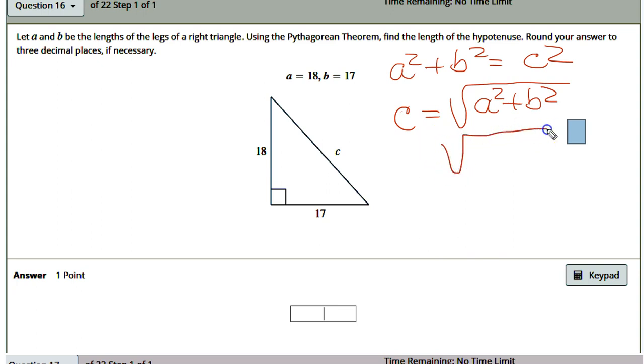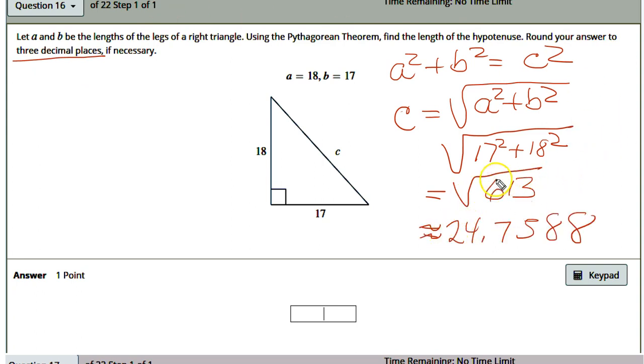So it'll be the square root of 17 squared plus 18 squared. Do this first, then take the square root of this total, and that will give you what c is. And they want to round to 3 decimal places. So I'll pause and do the calculation.